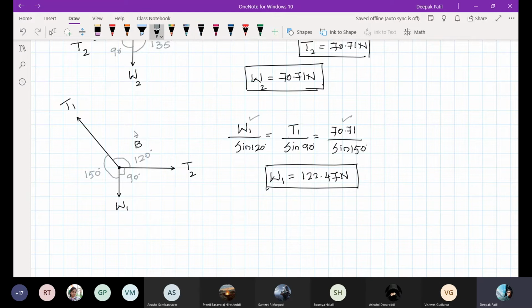Then you can take this and this next and do the cross multiplication. So T1 is 70.71 into sine 90 divided by sine of 150, which comes out to be 141.42.